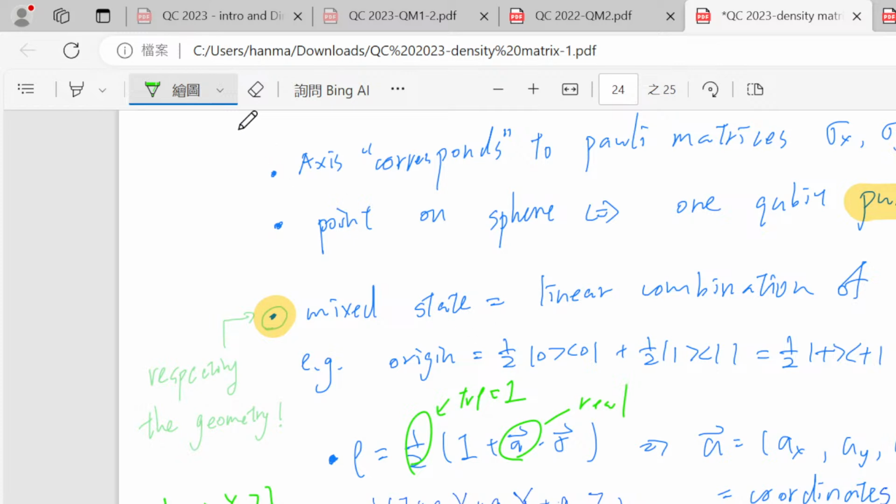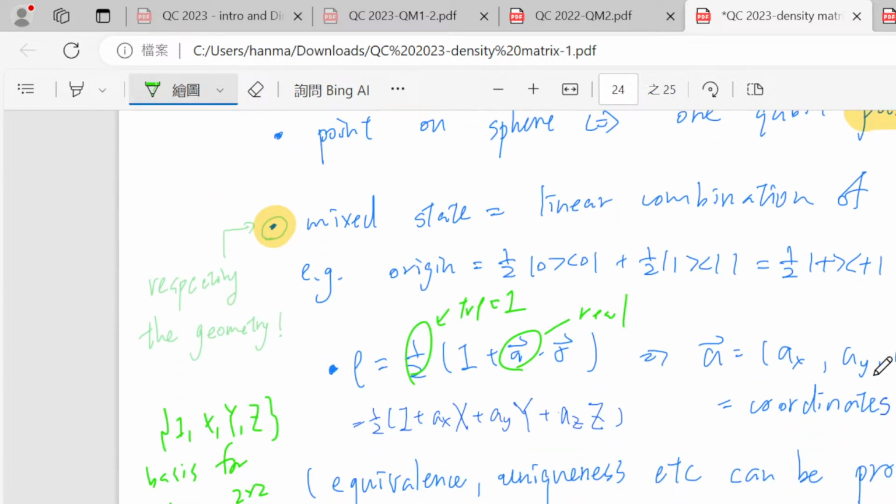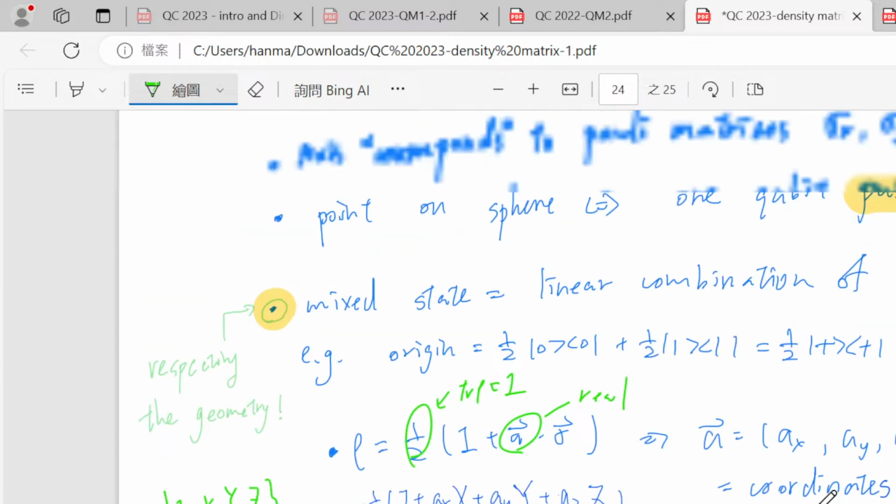Actually, I'm not very sure. Anyway, something similar to that. But you can prove that it's actually inside the ball if you write your rho in this way, and those coordinates will be inside the ball.